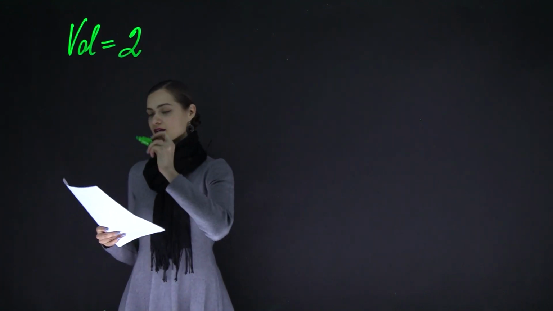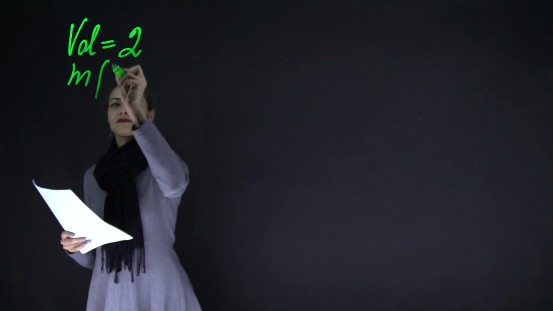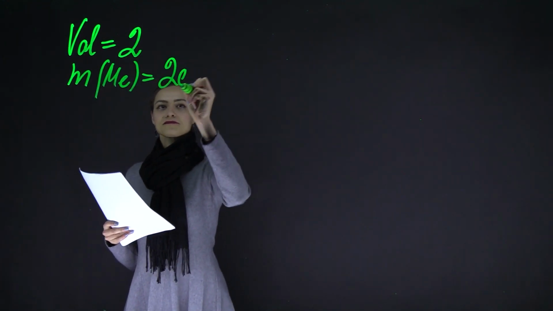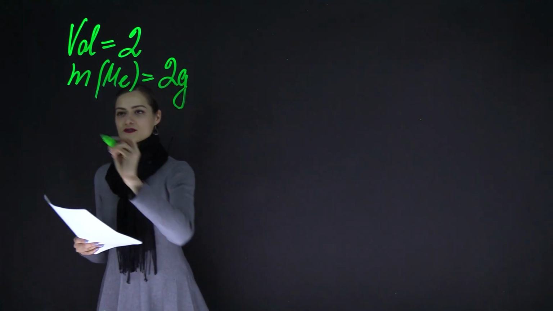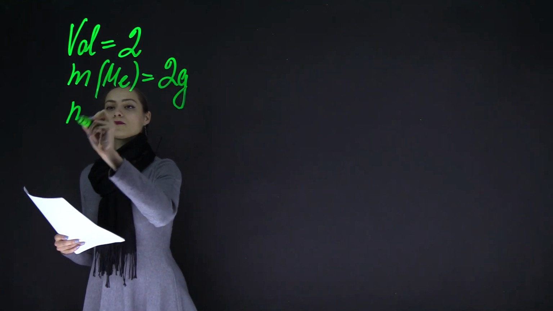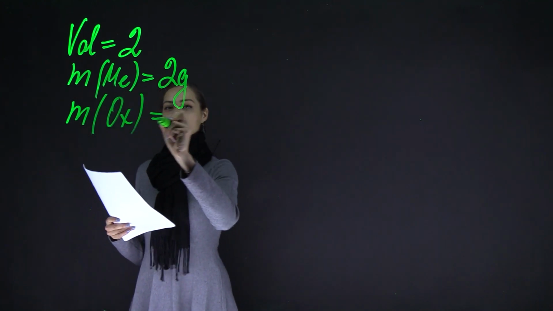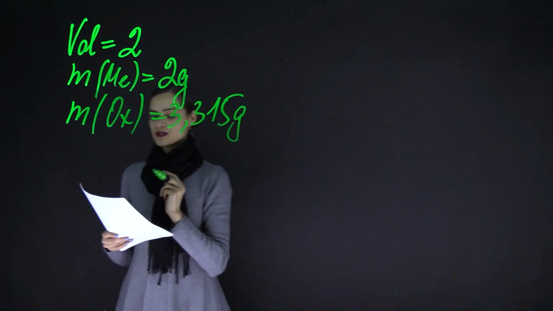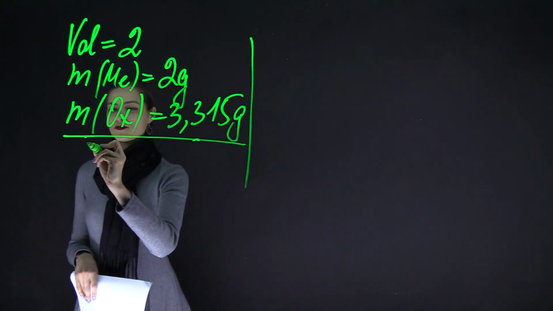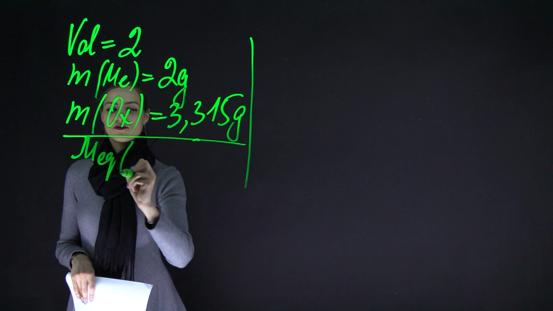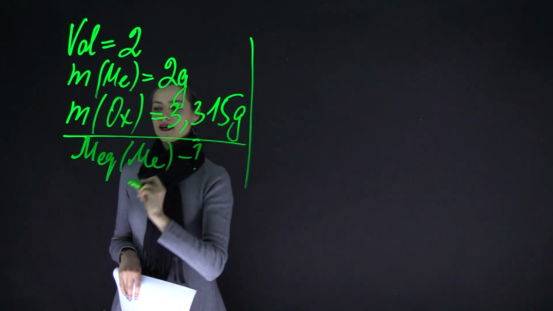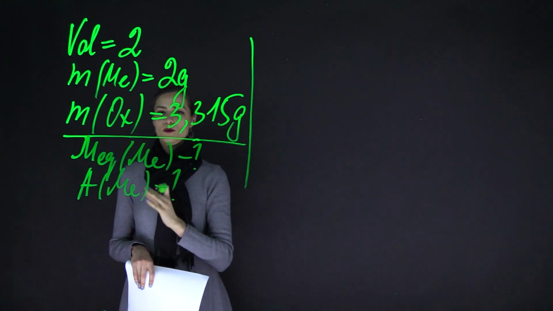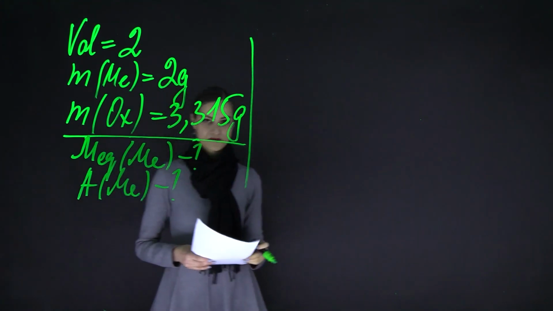In this task, we have a combustion reaction as well, but now we know that the valency of the metal equals 2, and the mass of metal is 2 grams, and it produces 3.315 grams of oxide. Our task is to calculate the equivalent mass of the metal and its atomic mass. So we need to know which metal we have in our reaction.